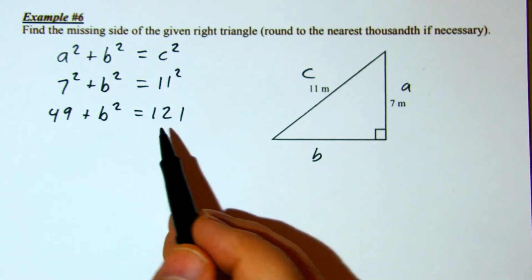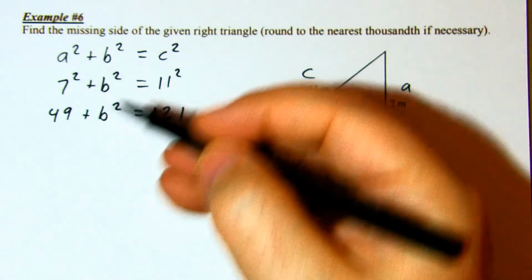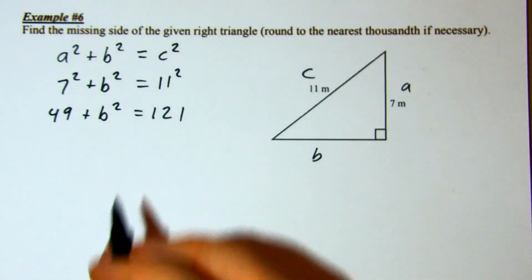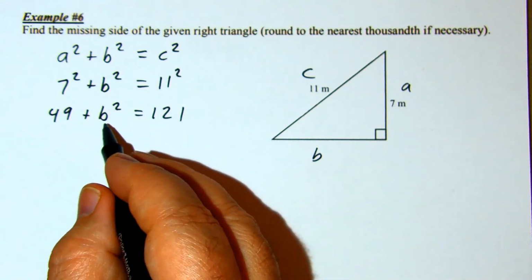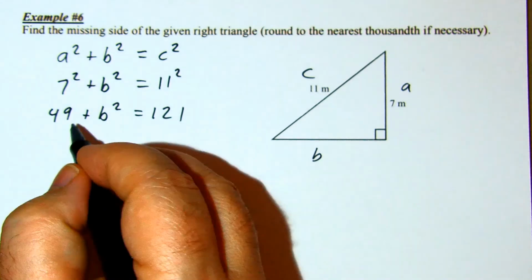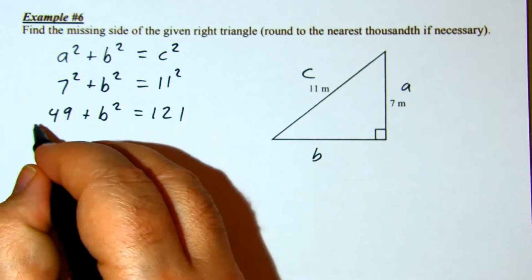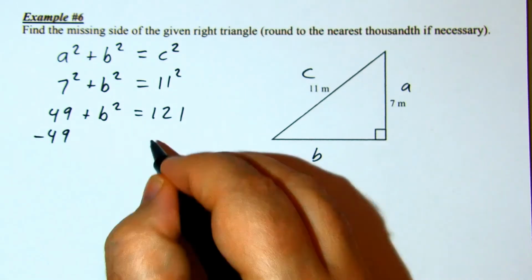Be careful, I know we're using square roots and squaring numbers within the same context, so you need to make sure that you're deliberately knowing which buttons you should be pressing. And now, notice that we want b squared by itself and eventually b by itself, so we'll begin by getting rid of the 49. Since they're adding this 49, and it's a positive 49, we'll do the opposite, which is to subtract.